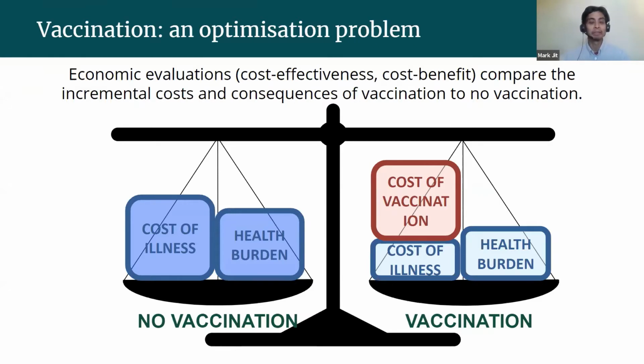It might be, say, we want to see if it's cost effective to introduce HPV vaccination in a country. Then we say, without vaccination, what are the costs involved in treating the disease, the extra health burden? And then with vaccination, how much does the burden decrease? But also, what are the additional costs that we incur as a result of vaccination?